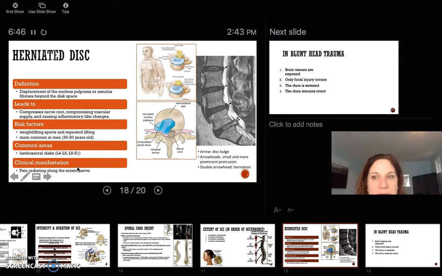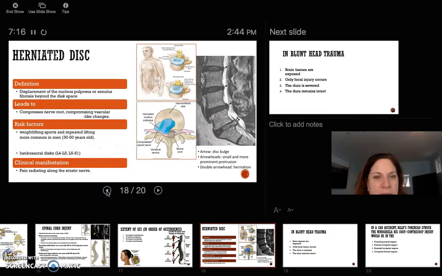The sciatic nerve, anyone's ever had sciatica? Sciatic nerve runs from basically the top of your bum down your leg, and that can cause a lot of damage to the sciatic nerve, and people complain of this nerve pain, that burning pain that runs down their bum all the way down to the end of their leg. That's caused by herniated discs in these lumbar and sacral areas.